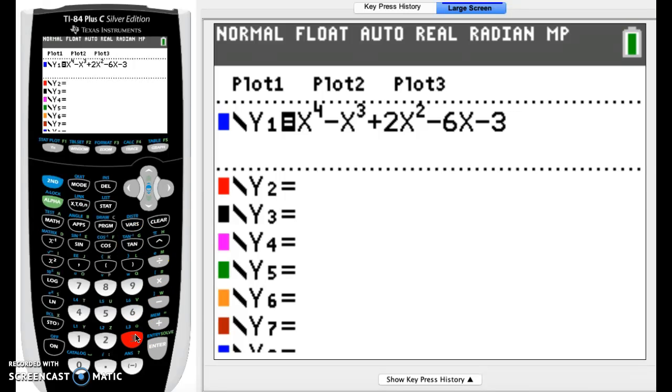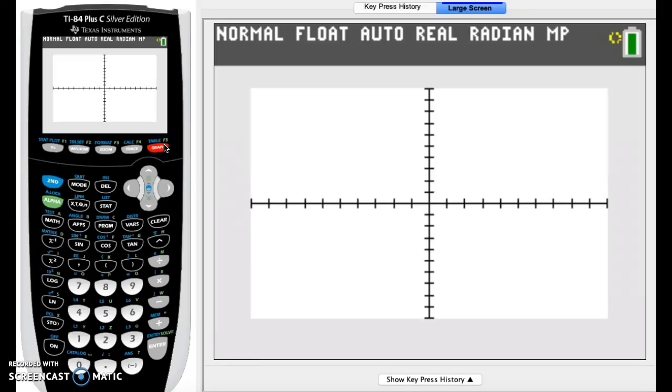Okay, so if you need to pause the video for a moment and get that function typed into y equal, do so. After you've typed in your whole function, you're going to hit graph.